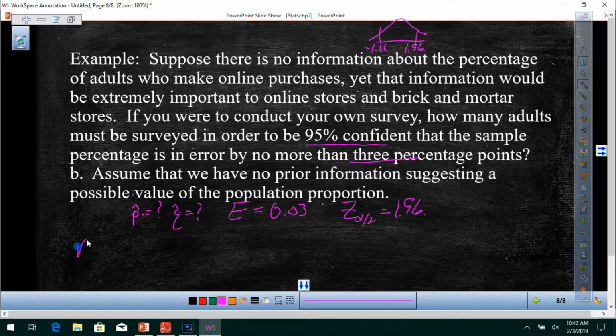So now let's find n equals z sub alpha divided by 2 squared times 0.25 over e squared. So we're going to have 1.96 times 0.25, and that's supposed to be squared.